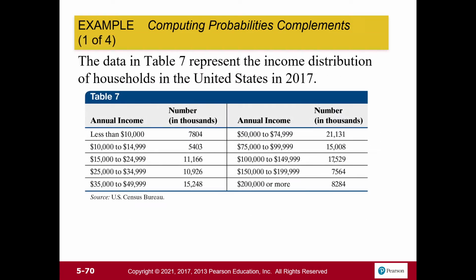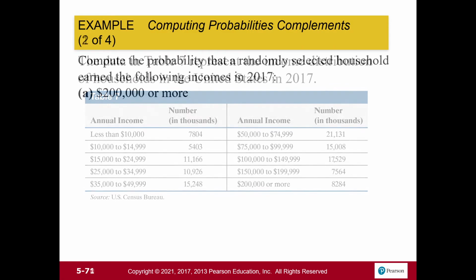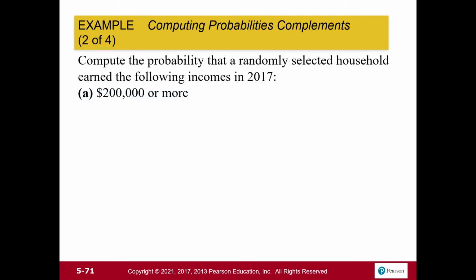So here we have the income distribution of households in the United States in 2017. Compute the probability that a randomly selected household earned the following incomes in 2017.